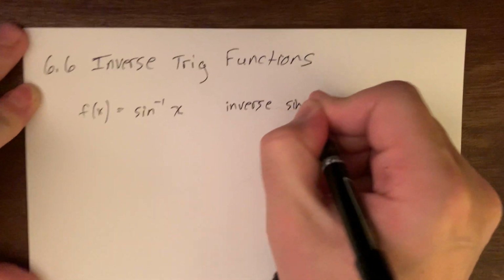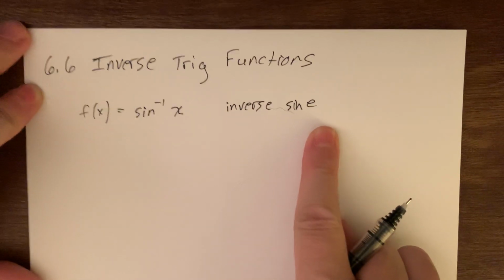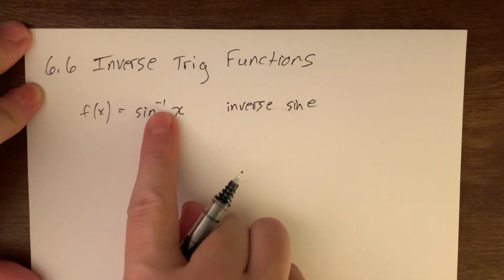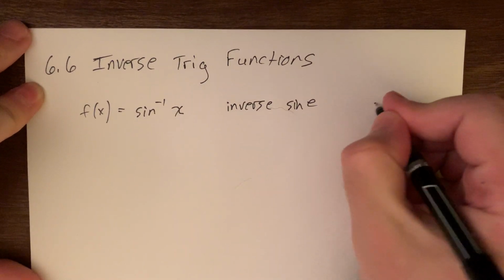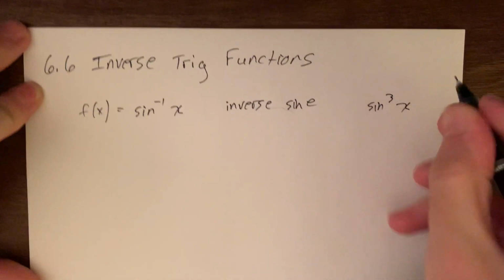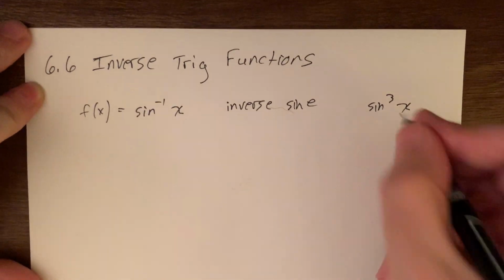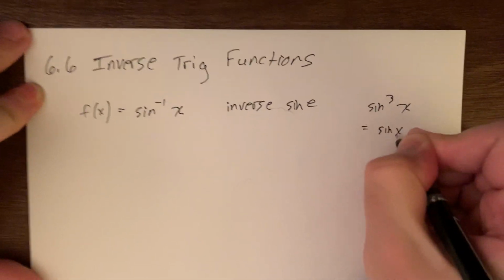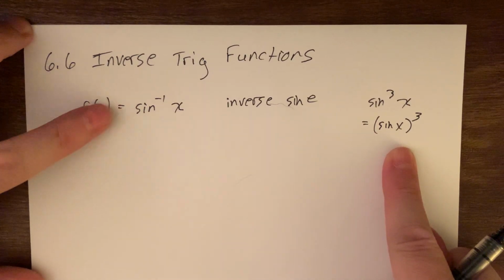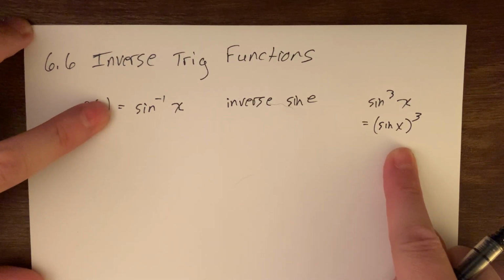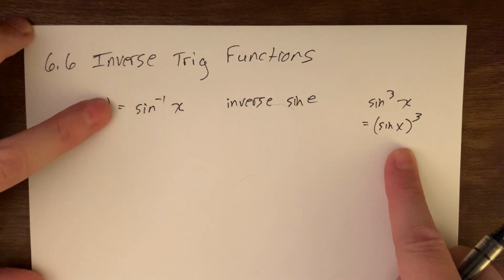Inverse sine. And just very quickly, I want to point out the notation. That's typically where we use an exponent. If you wrote something like this, that would be understood as sine cubed x. So this truly equals this. But in the inverse notation, that's not really a trouble spot.